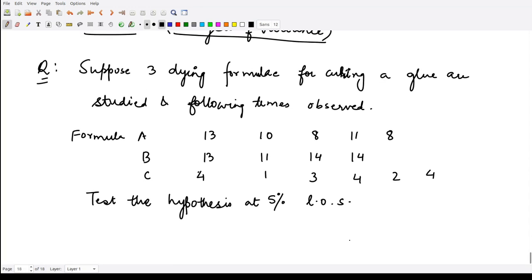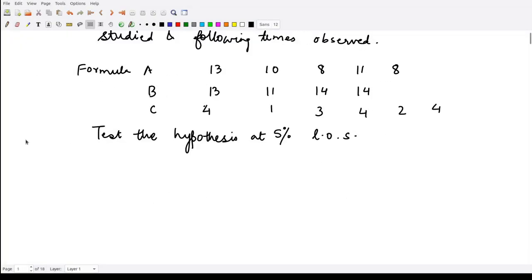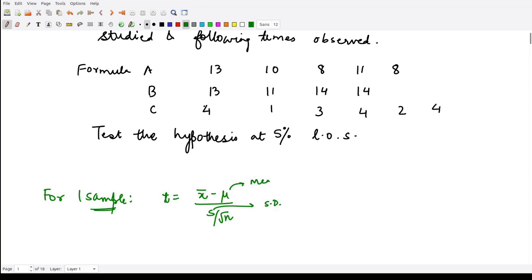Now can you test it using the t-test? T-test for one sample, what was the formula? T is equal to x bar minus mu divided by s divided by square root n, where s is the standard deviation for the sample, mu is the mean of the population, and x bar is the mean of the sample.